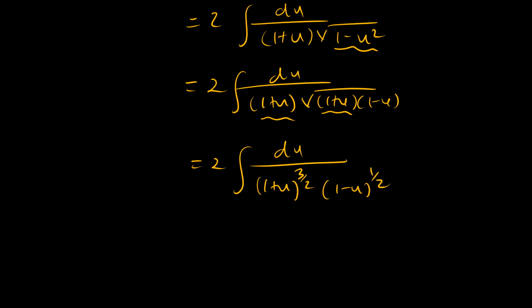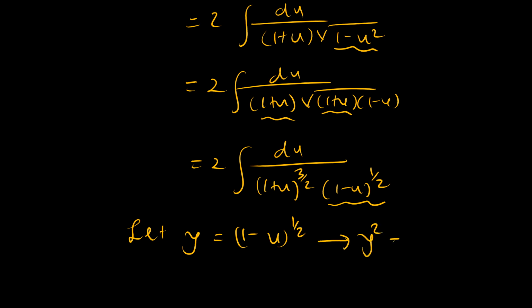The next thing is I may want to substitute this another ugly part off. So just say let y be equal to (1 minus u) to the power half such that y squared is equal to 1 minus u, and so 2y dy du is equal to negative 1.